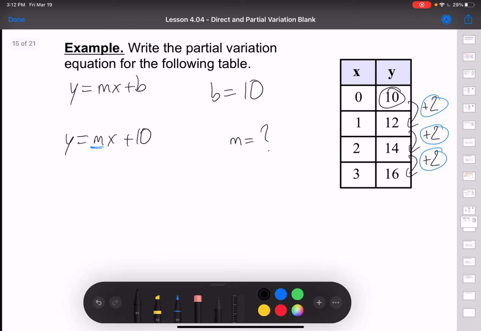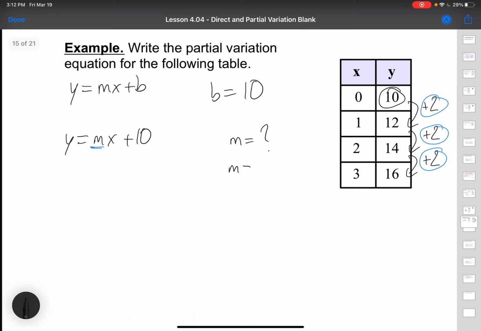Just like before, when we had an m value of 5 in that direct variation case, we saw it went up by 5 each time. Well, even in partial variation, the amount it goes up by each time will be your m value. So we can say m is equal to 2. So you can say y equals 2x plus 10. And that is now your equation based off that table of values.